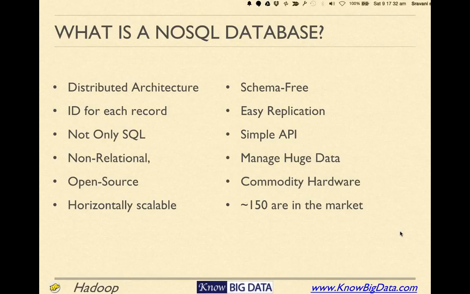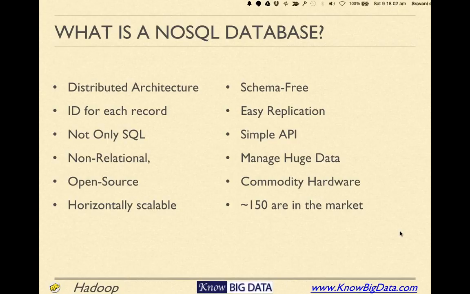So most of the NoSQLs have decided to stay away from schema, because the moment they try to enforce schema, it's very difficult to distribute the records onto multiple machines. And if they try to enforce the schema on a distributed architecture, it becomes extremely slow. Therefore, almost every NoSQL has stayed away from schema.